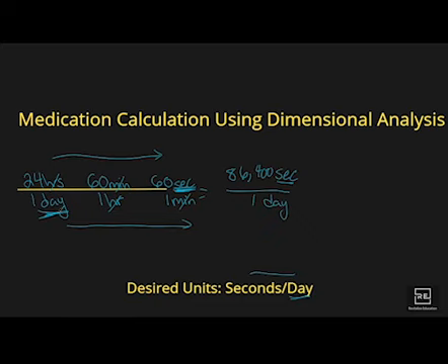So your answer for how many seconds per day is 86,400 seconds in one day.